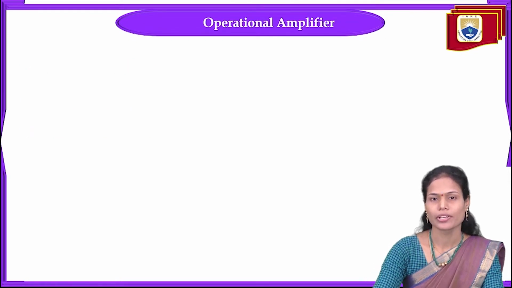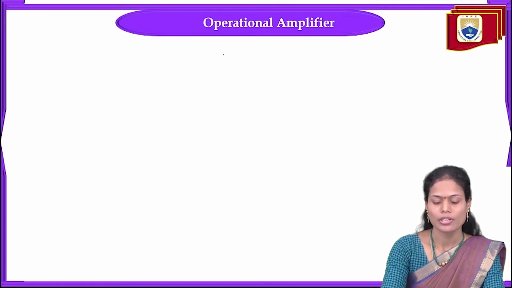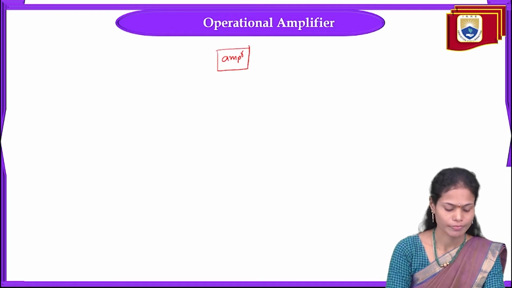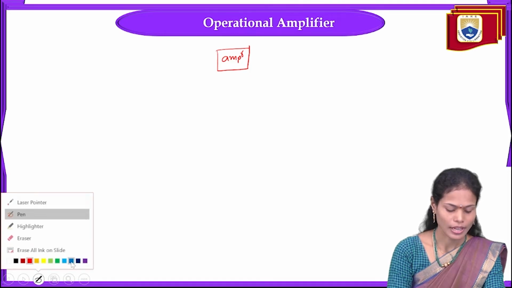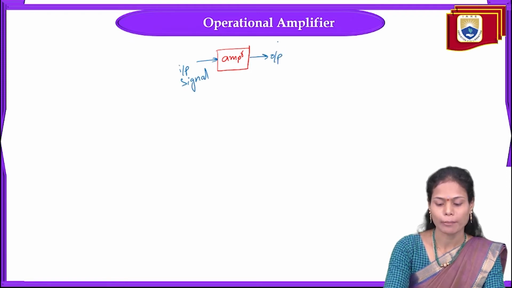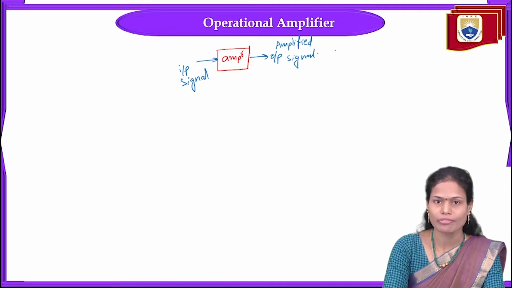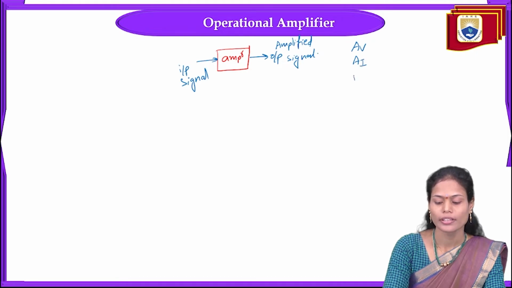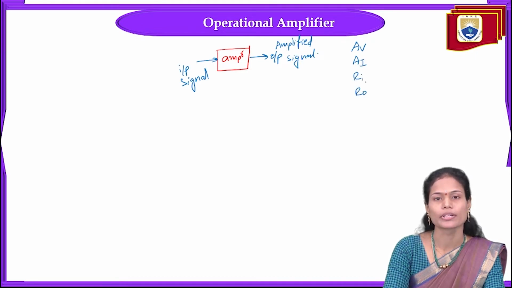Before going to the applications, first of all, we have to know why we are moving to the operational amplifier. Generally, a single stage amplifier circuit will amplify the applied input signal, and across the output we will get the amplified version of it. This single stage amplifier can provide different voltage gain, current gain, input impedance as well as output impedance.